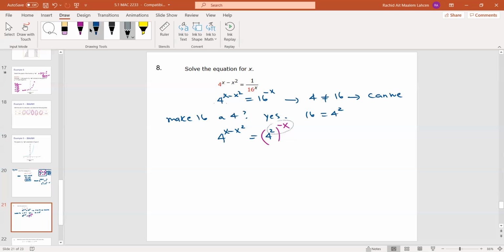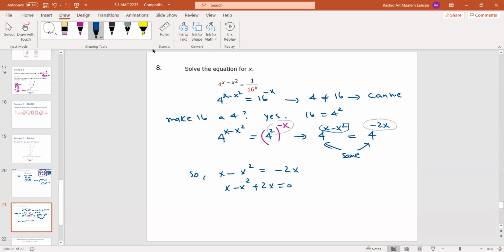And we just looked at the properties. If you have two exponents, you can go ahead and say negative 2x, because you multiply the two exponents. Now that we have the same bases, we can adopt the same idea: x minus x squared is equal to negative 2x.